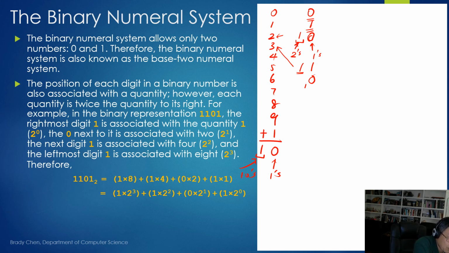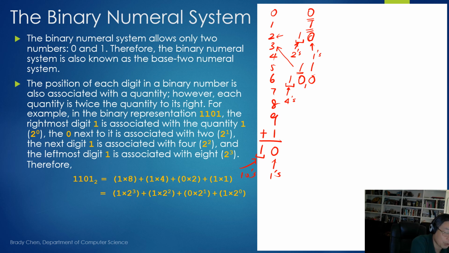So we're running out of positions again. In this case, we reset the 2's position to 0, and then add another position on the left and add a 1 to it. Now that position is called the 4's position, because when we reach 3 and want to add more, we run out of positions, so we add another position.